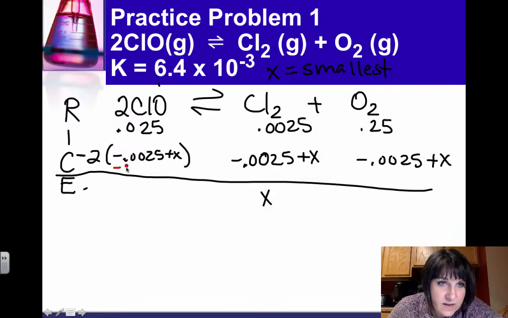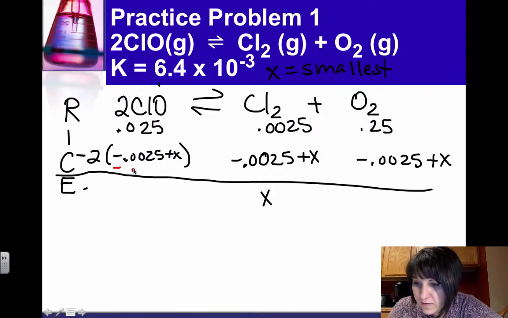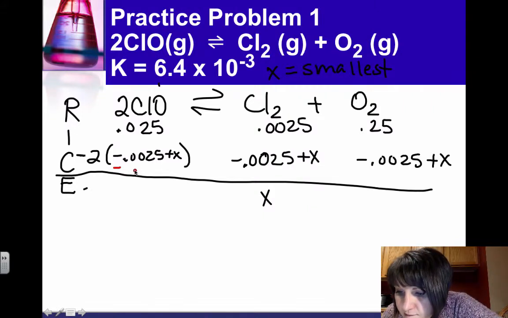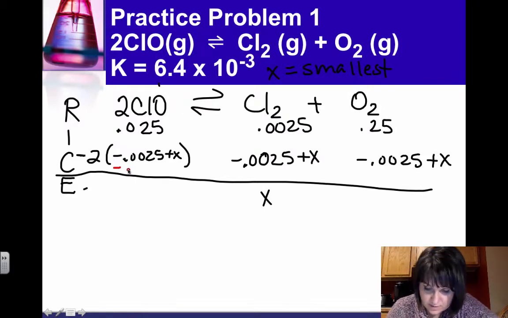That's a negative 2 times a negative 0.025. 2 times 25 is 50, so 0.0050 minus 2x.